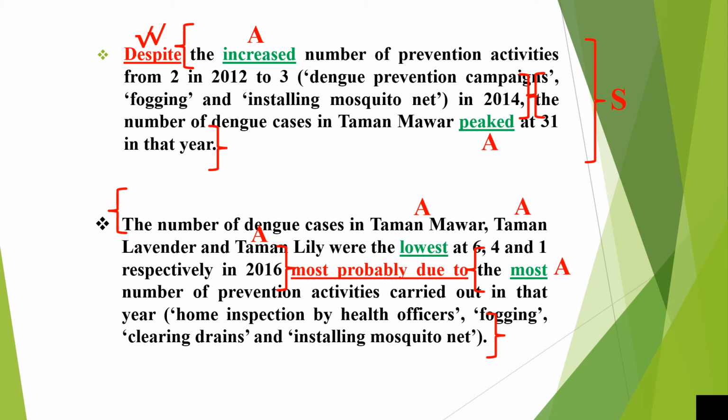Whereby, for the second part of the information, most is the trend word, which will result in 1 analysis for the information in table 1. And you can see it is linked accordingly by this linker, most probably due to. And you must be wondering if this can be used to link the information.